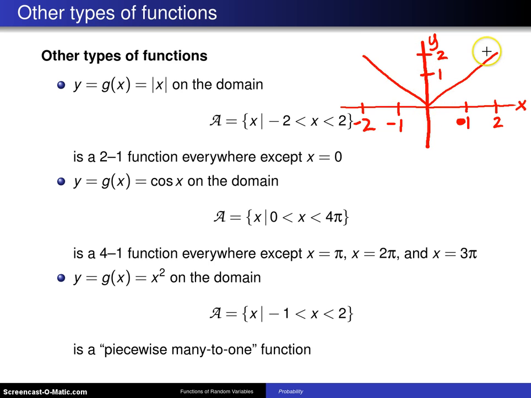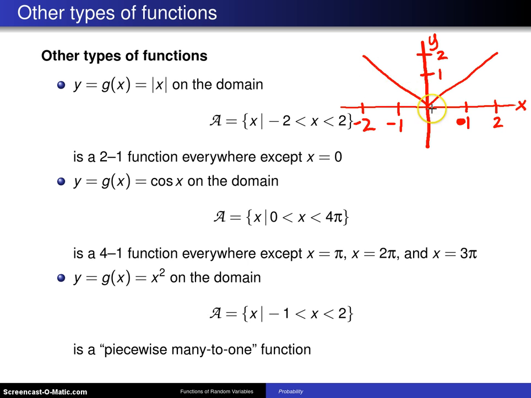Well, if you look at this graph of the relationship between y and x, from the vertical line test, you know that this is a function, and from the horizontal line test, you know that it is not one-to-one.